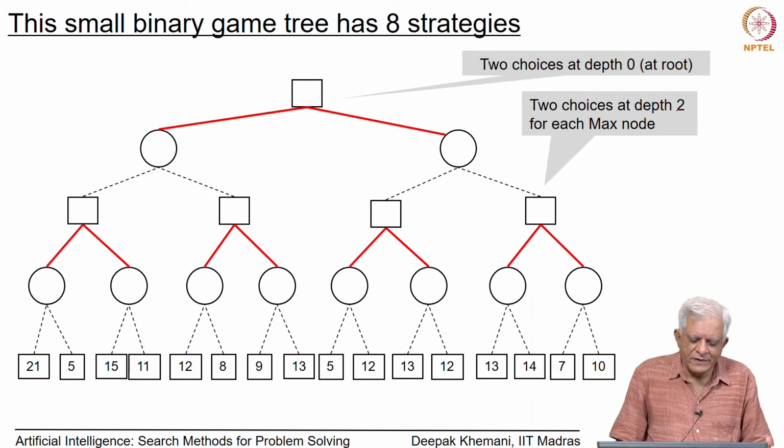Now, one thing that we want to do is to cover all possible strategies, because we want our algorithm to be complete, in the sense it must give us the minimax value and it must tell us the best move to be made.